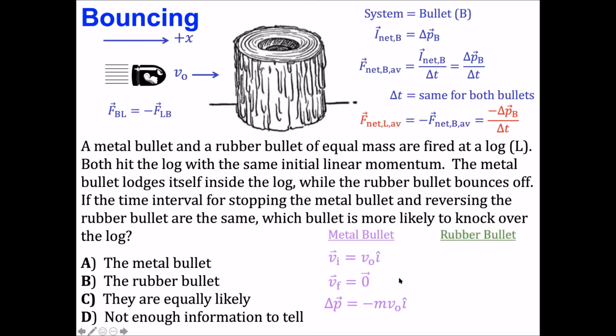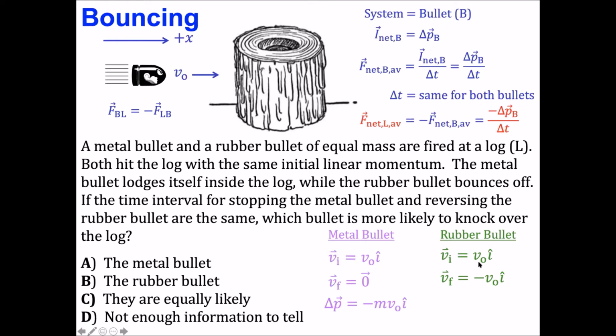The rubber bullet is a little bit different. It has the exact same initial velocity as the metal bullet, but due to the fact that it's going to strike the log, interact with the log, and bounce back, its final velocity is going to be in the negative x direction, and we're going to assume that that rubber bullet travels away from the log at the same speed that it travels towards the log.